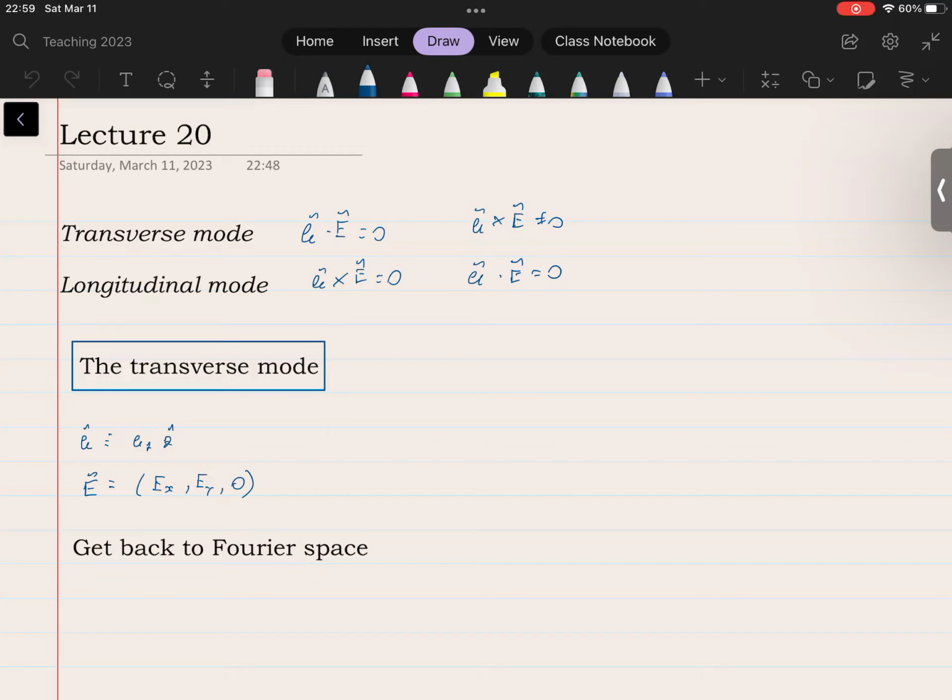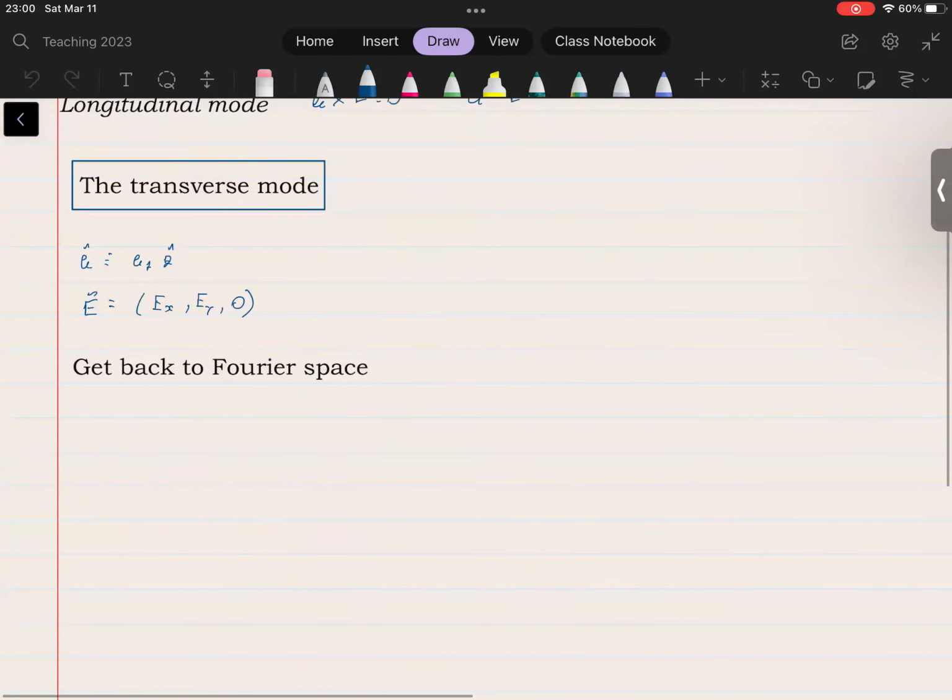That means that if the Z or Y or whatever component of, let's say, the electric field is 0 in Fourier space, it's also 0 in physical space, and vice versa. So I wrote here X and Y component non-zero and Z component equal 0 for the electric field in physical space, but I could have done the same thing for Fourier space, and one implies the other.